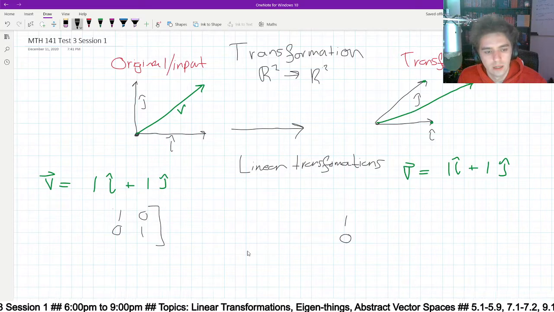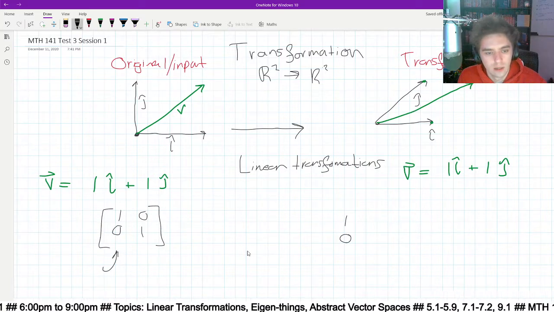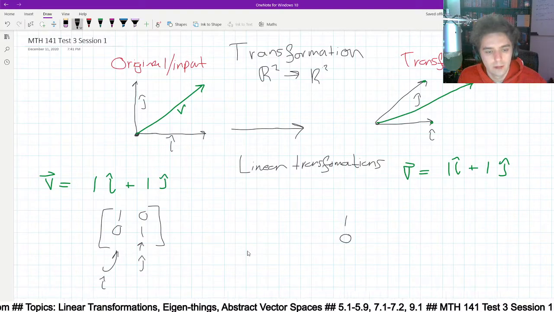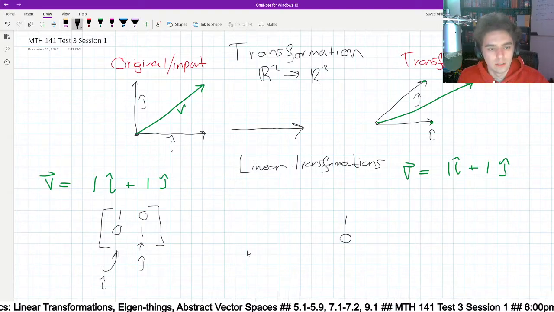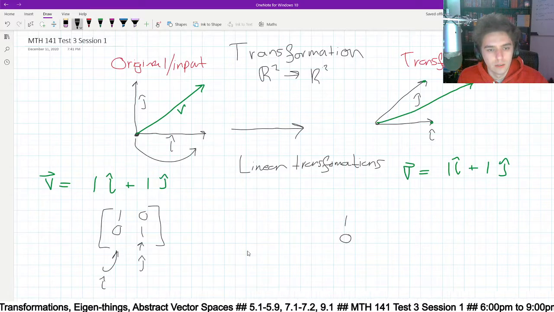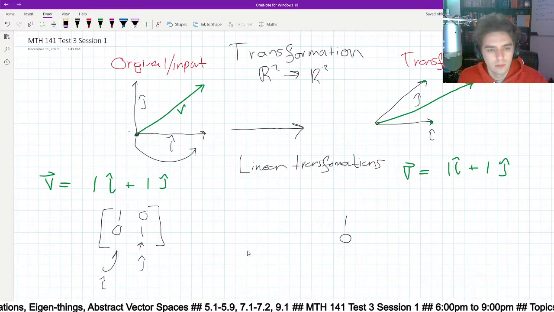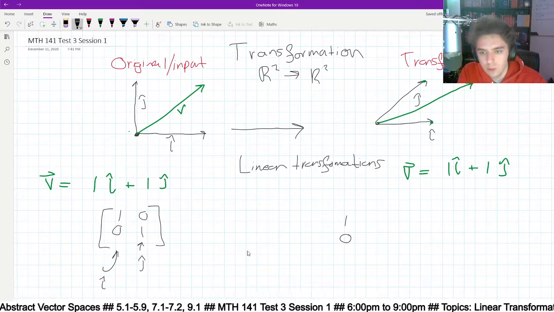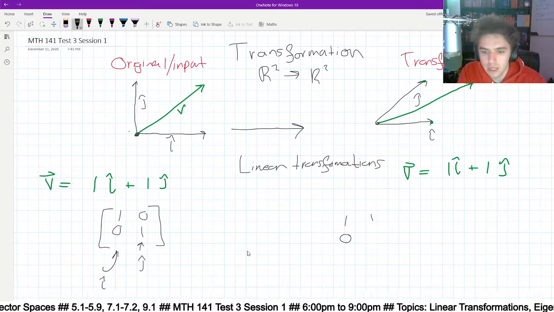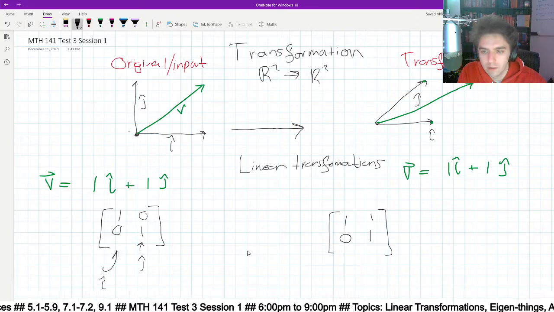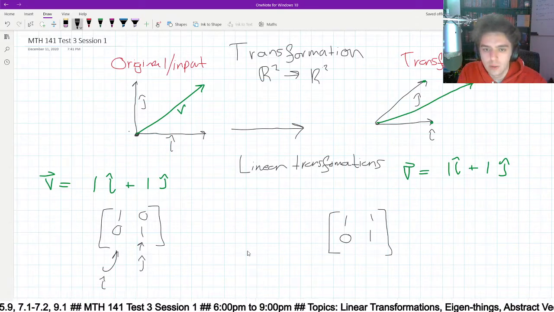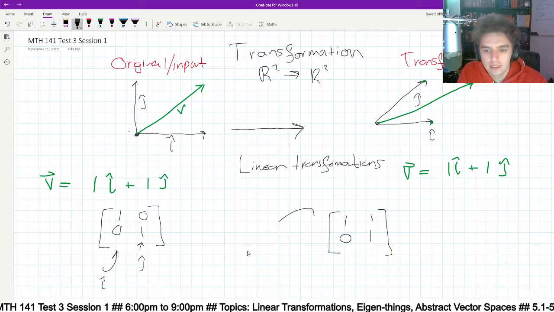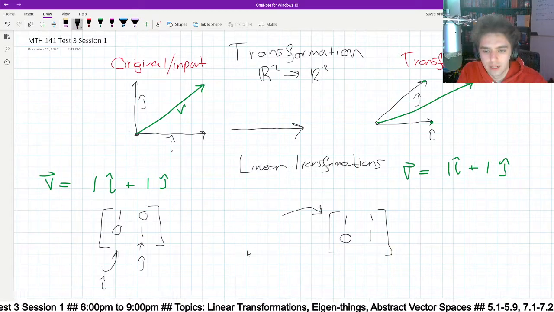If I write where the transformed ones go, this would be 1, 0 for i hat, and it looks like 1, 1 for j hat. I didn't draw it perfectly. And so the matrix representation of this transformation is this right here.